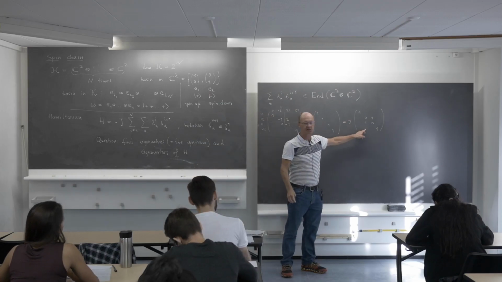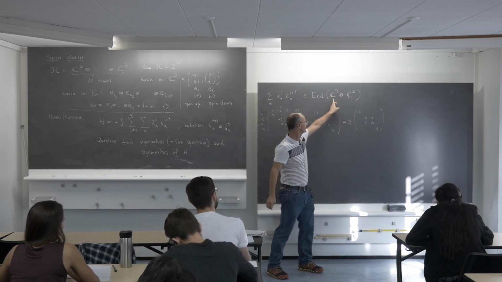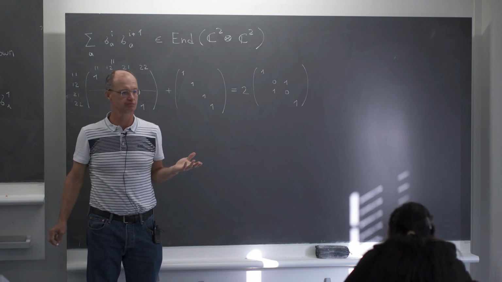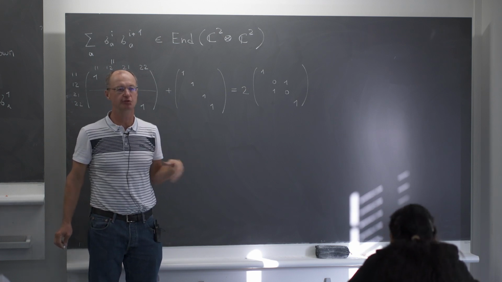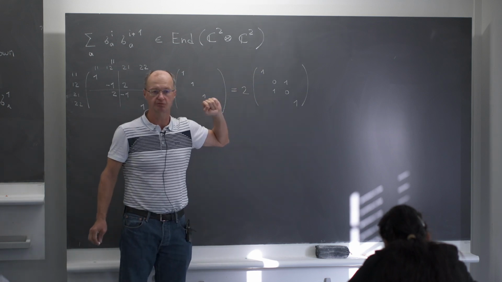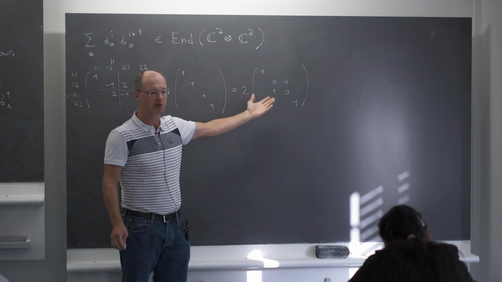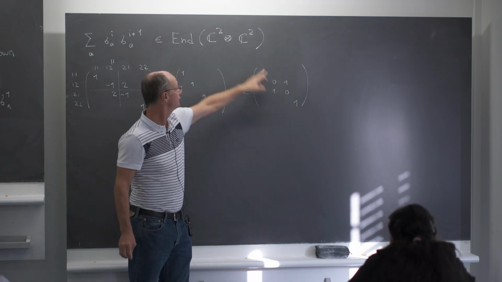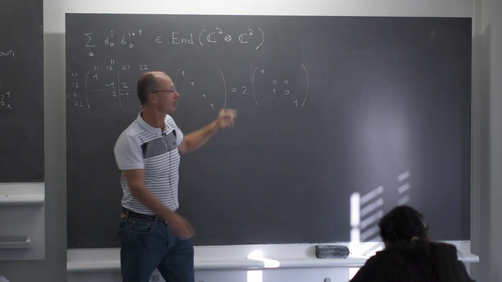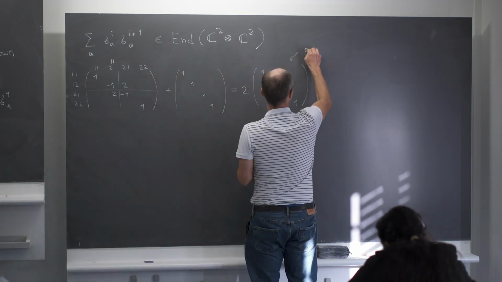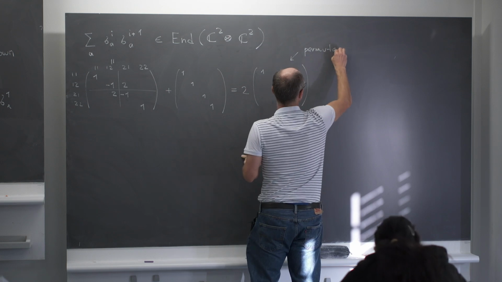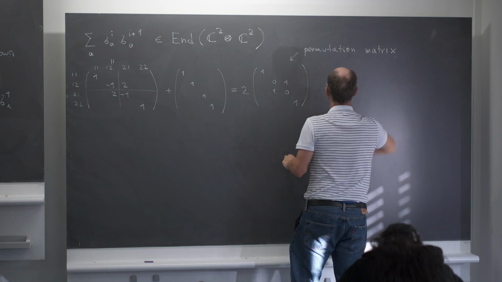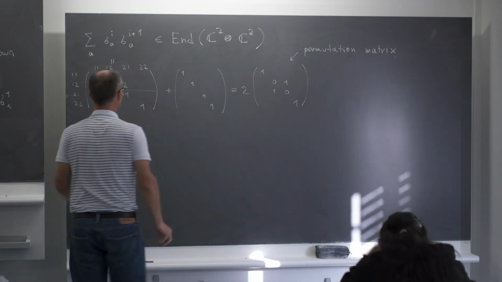So what does this element do to elements of C2 tensor C2? It does something very intuitive. Where does it send e1 tensor e2? To e2 tensor e1. Right, it permutes the two copies. So this is called the permutation matrix or permutation element.